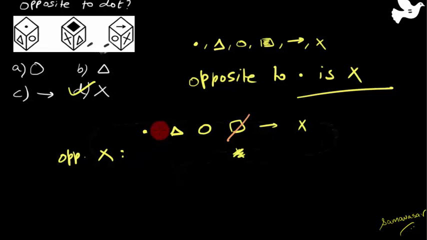So this is not opposite to X. Then I have a triangle in this view, which is adjacent to X, so I strike out triangle. Here I come, the circle is also adjacent to X. Circle gets struck out. Arrow, strike out. X itself cannot be opposite to X. So what is opposite to X is the dot. And what I was asked was, what is opposite to the dot? It is simply the symbol X.